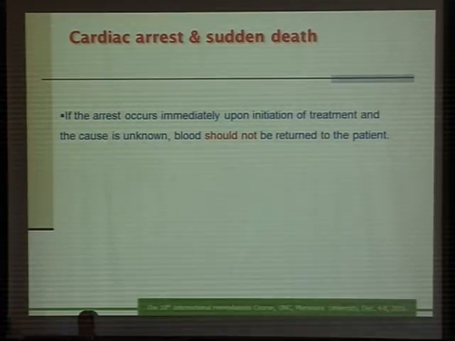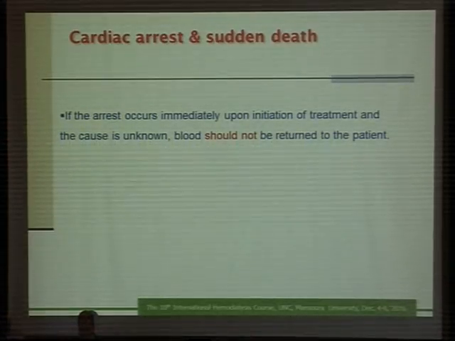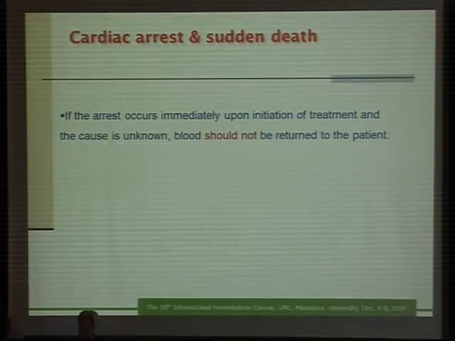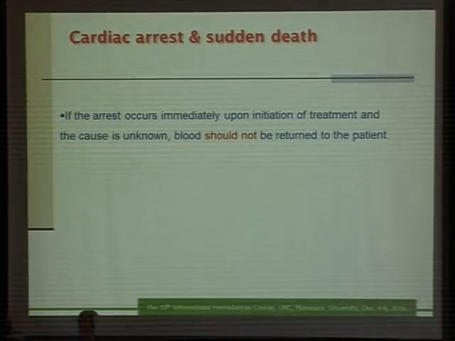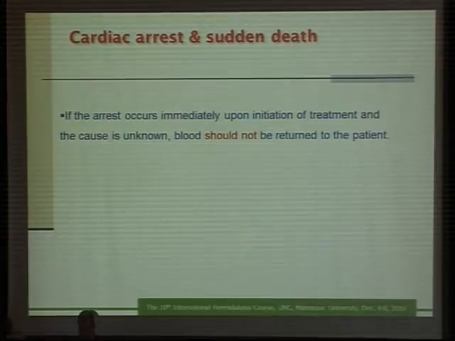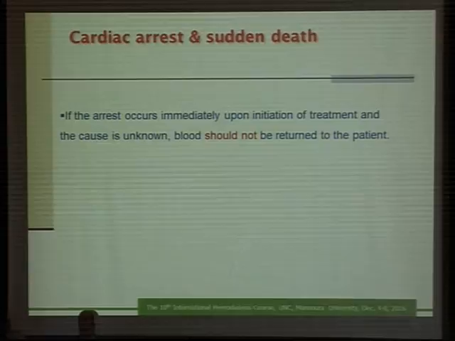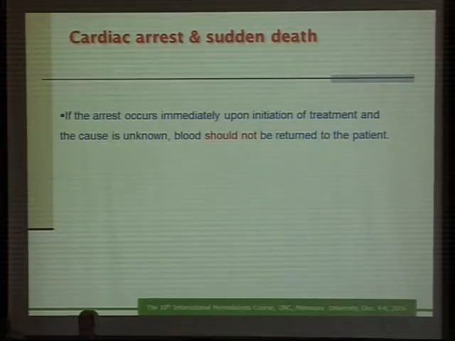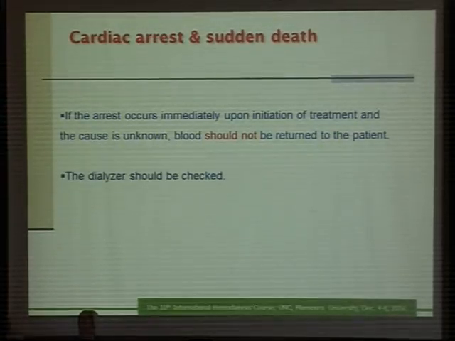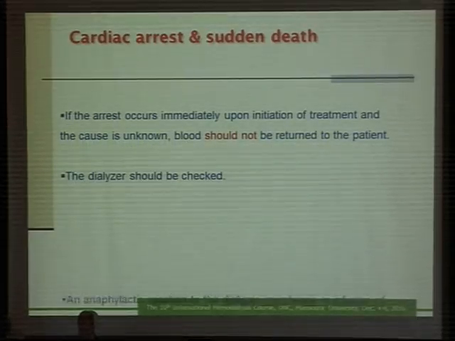If the arrest occurs immediately with initiation of dialysis and the cause is unknown, again, blood should not be returned to the patient unless we discover the etiology of this catastrophe. The dialyzer should be checked.